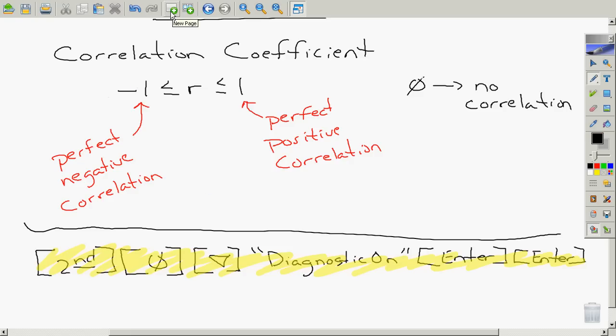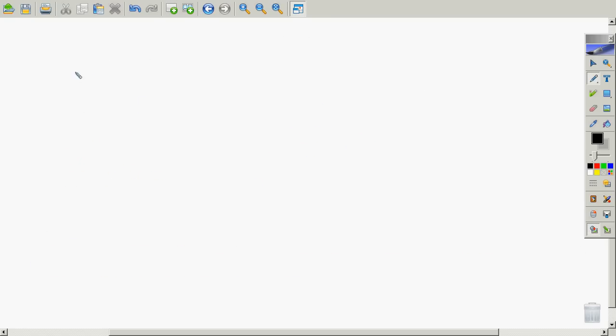Okay, so right now you should have a calculator and you should have turned diagnostics on. Then what I want you to do is put this table into the stat. So you should know how to do that. Enter this table in 5, 12, 6, 15, 2, and 8.